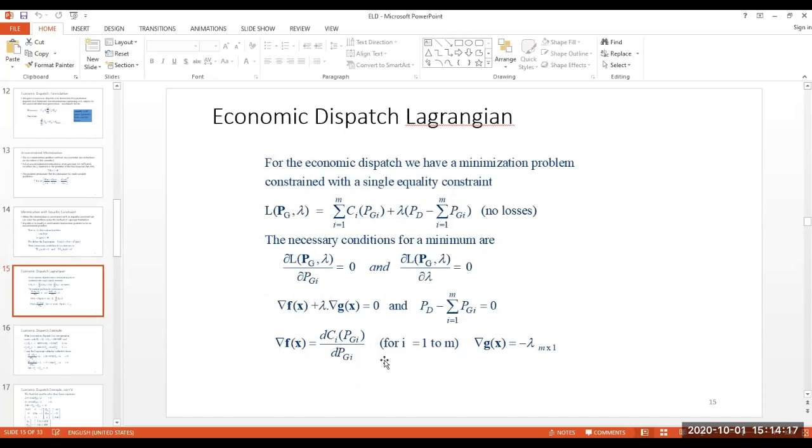Sir, in the general condition, we have to take the partial derivative. Yes, the general condition I mentioned in the earlier example, because we had a multiplication of x1 and x2 there. You remember, x1 squared x2. So you had to take partial derivatives because the variables x1 and x2 were in multiplicative form.